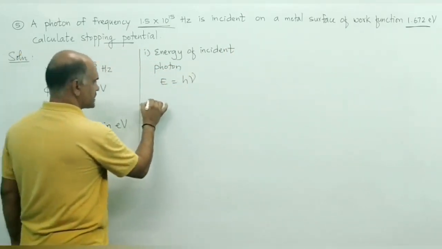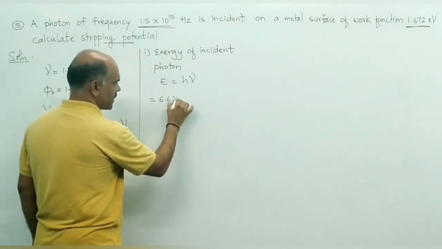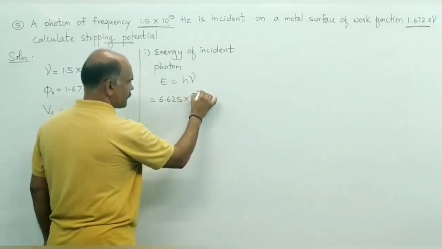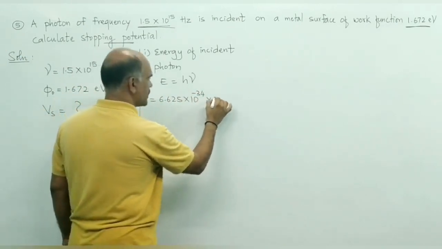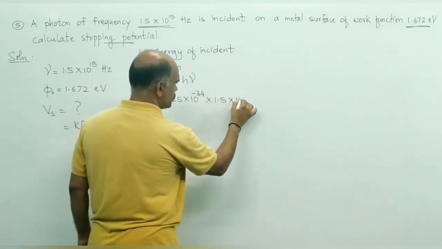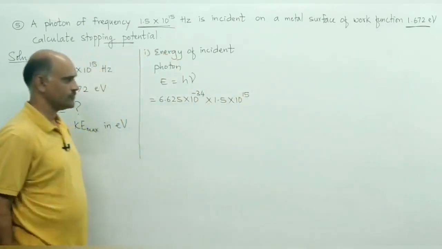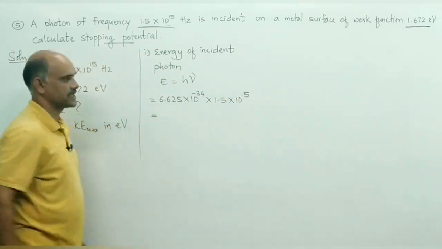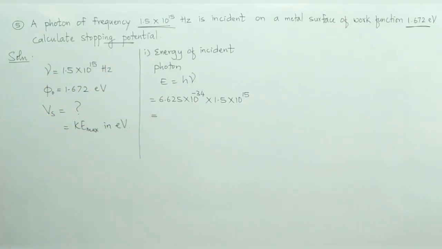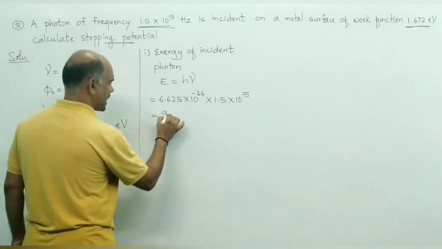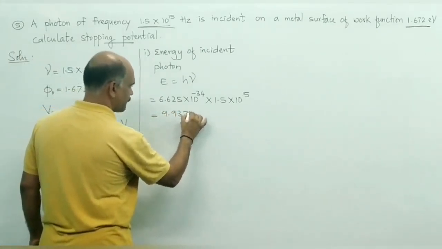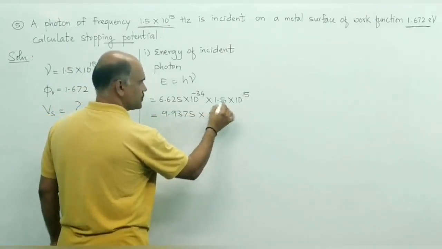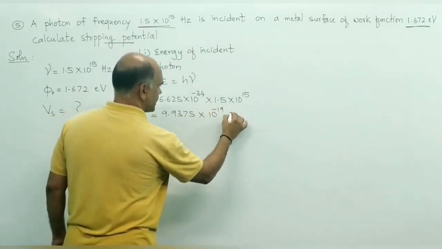H is 6.625 into 10 raised to minus 34, frequency 1.5 into 10 raised to 15. Multiply these two using a calculator, you will get 9.9375 into 10 raised to minus 19 joules.